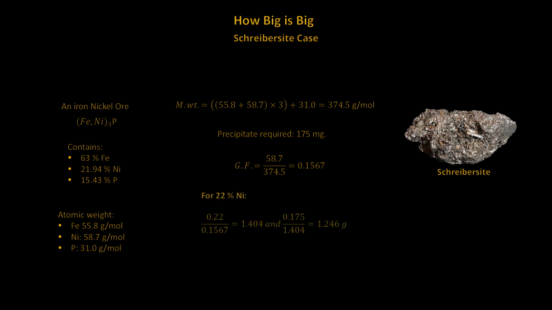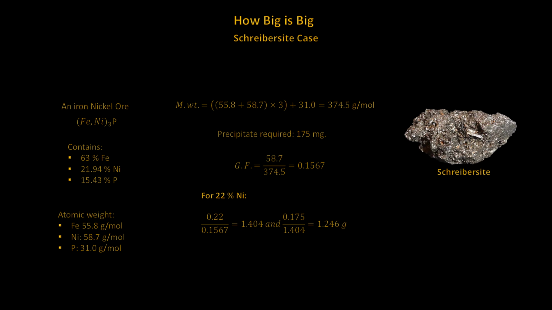The nickel at 22% in decimal form is 0.22, which, divided by the gravimetric factor of 0.1567, the value obtained is 1.404. Now the required weight of the precipitate is 175 milligrams, or 0.175 grams.